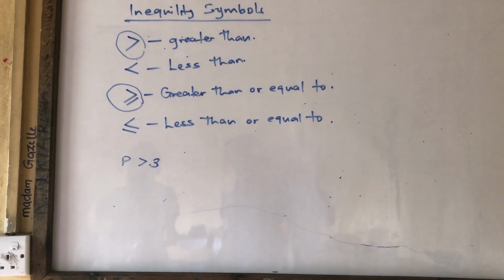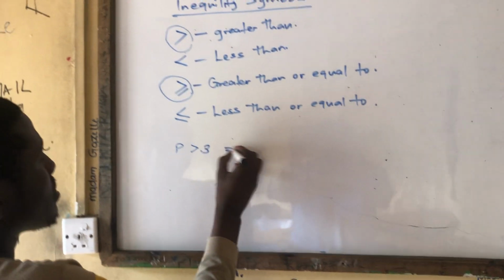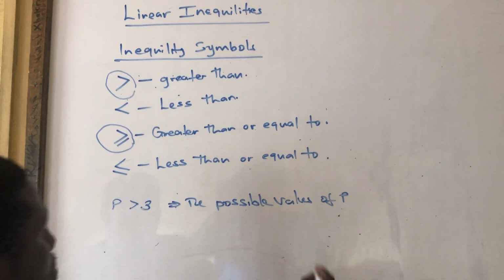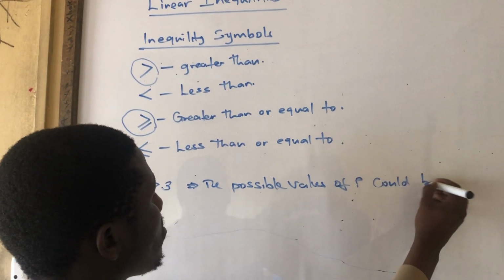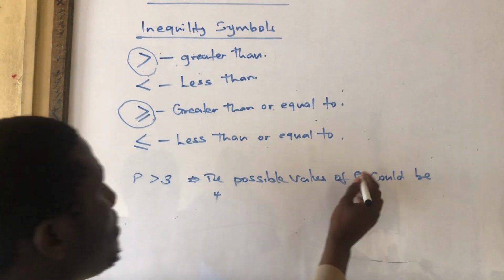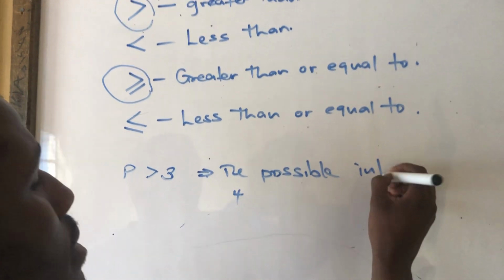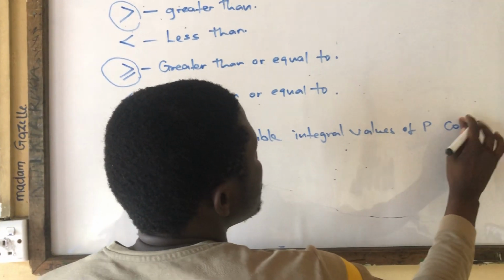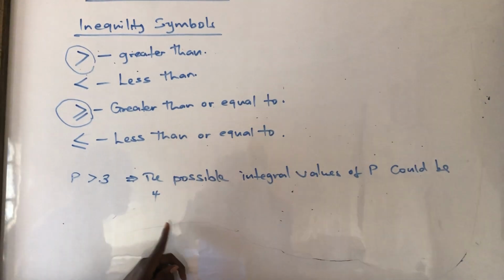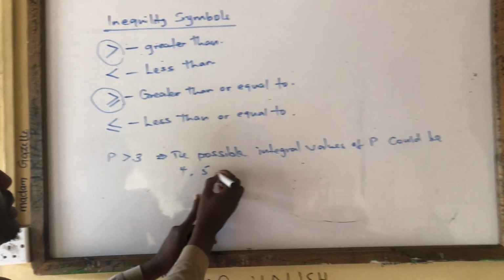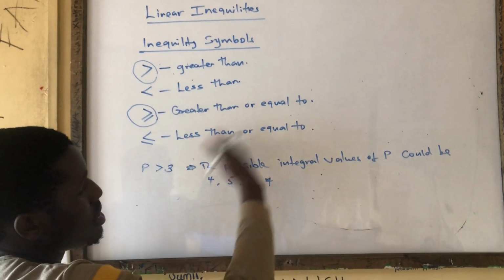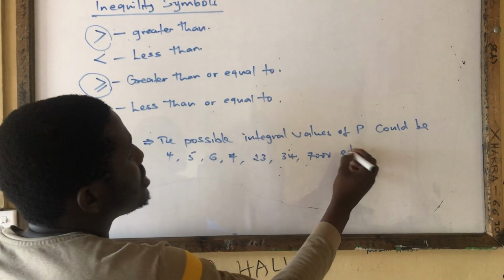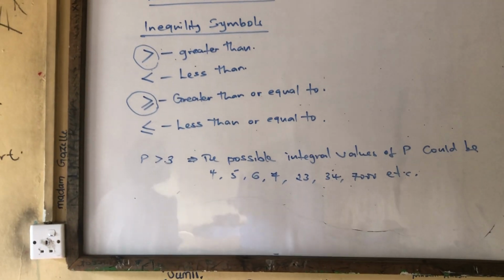It means the possible values of P, and I want to be specific, the possible integral values of P could be 4, 5, 6, 7, allow me to skip some numbers, 23, 34, 7,000, etc. The numbers can be as many as you can list.